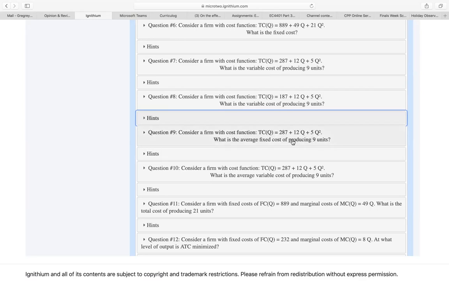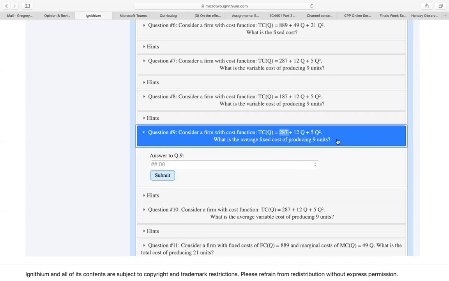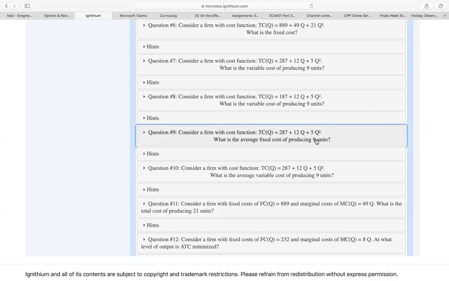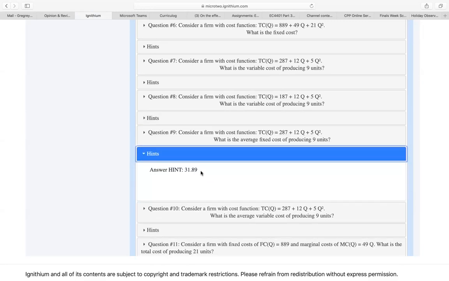Okay, now why did you set the Q equal to 1? I think you wanted to set it to 0, right? Because you want to isolate this fixed cost component, 287, and then divide that by 9, like we did before. You see what I'm saying?